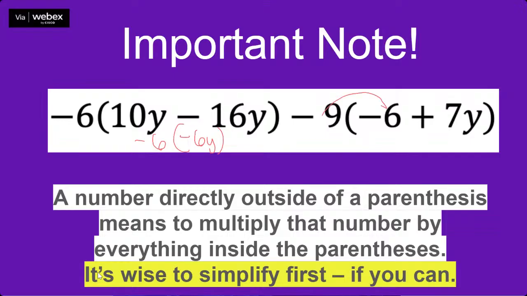Negative 9 times 6 is what, everybody? So that's going to turn into a positive 54. Notice that I wrote my sign positive so I can remember that it's no longer negative. Positive 54. And then what is negative 9 times a positive 7y?